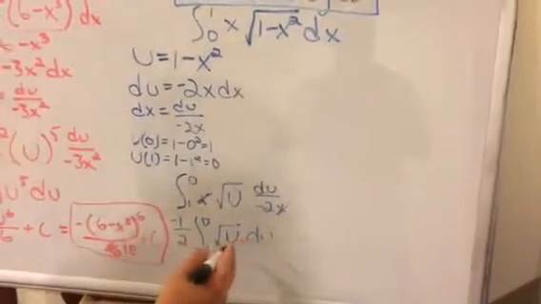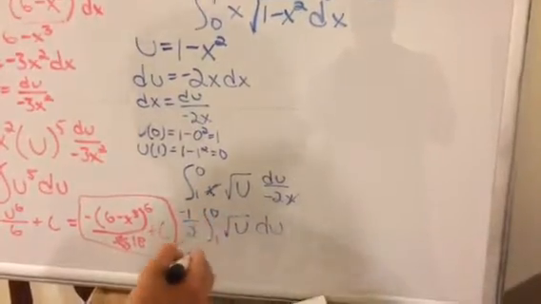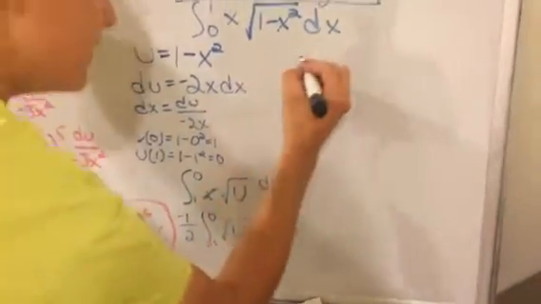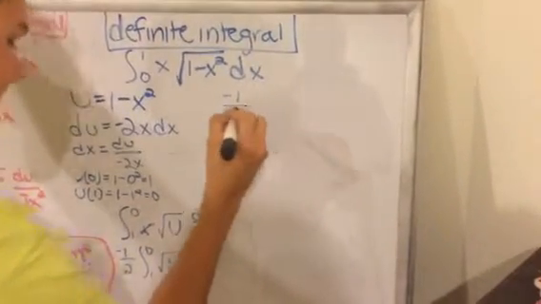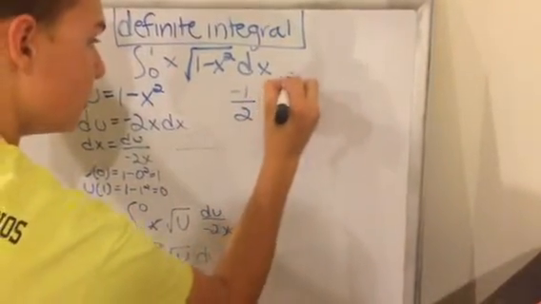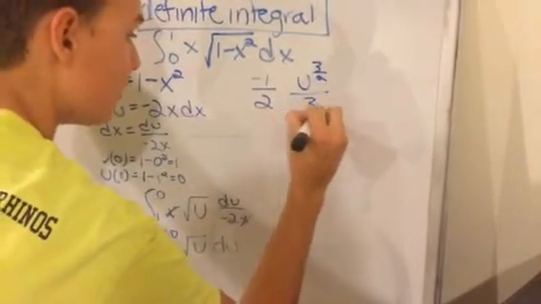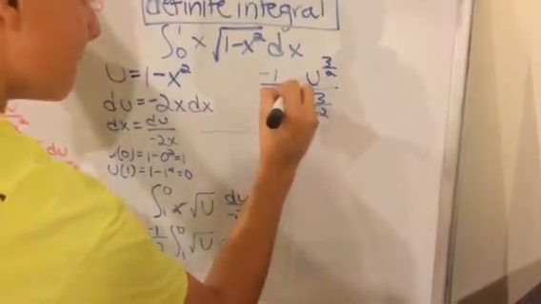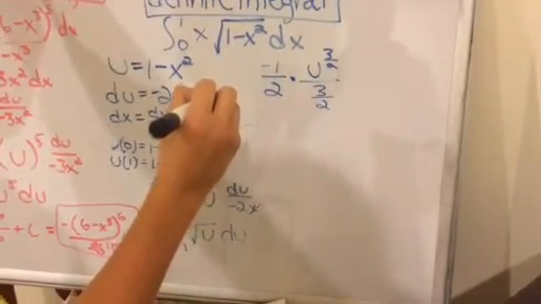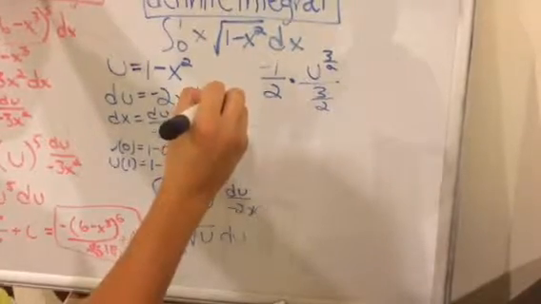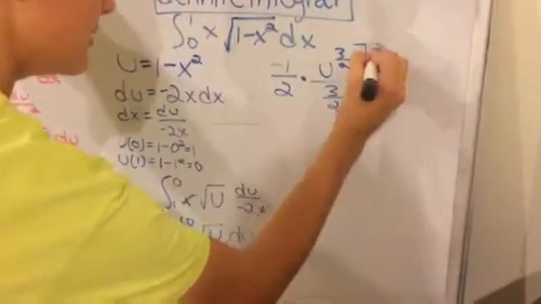Then we would need to solve for that, the integral of square root of u. So it would be negative 1/2 times u to the 3 over 2 divided by 3 over 2, evaluated from 1 to 0.